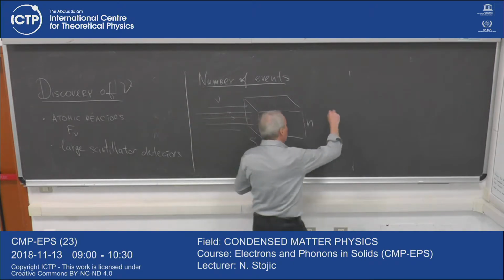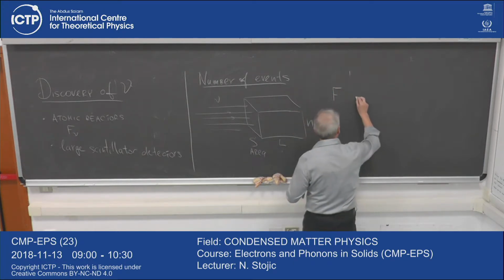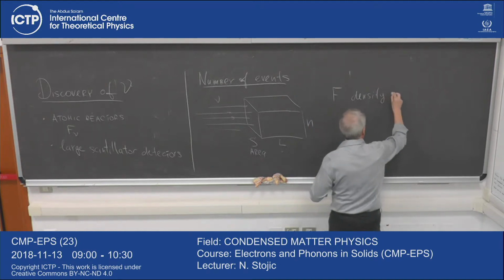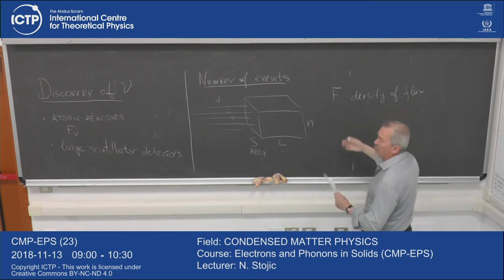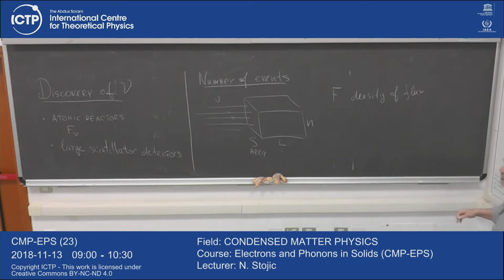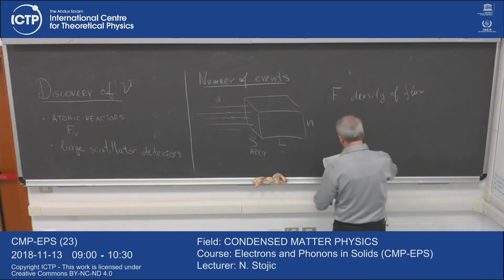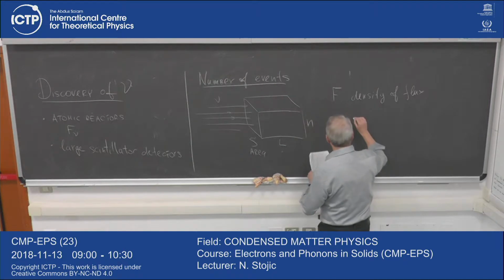So we introduce the following notions. F, which is the density of the flux of incoming particles. In our case, those are neutrinos. So this is the number of incoming particles which cross a unit of surface in a unit of time.